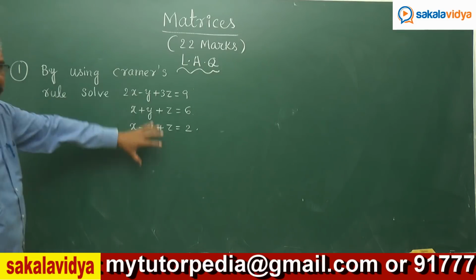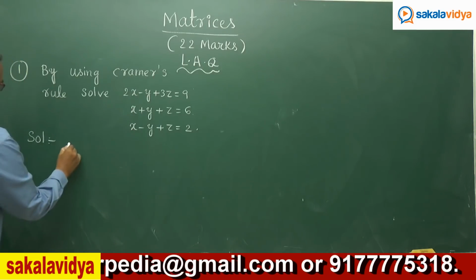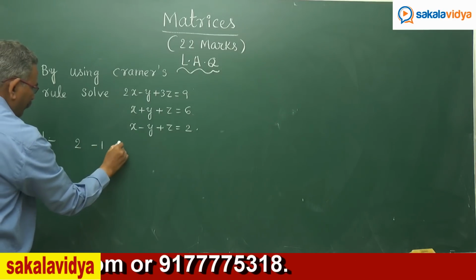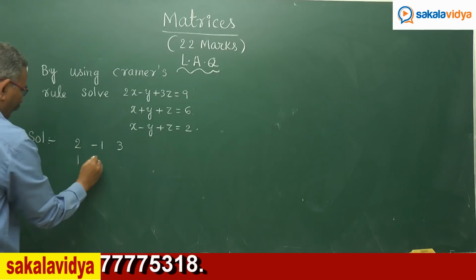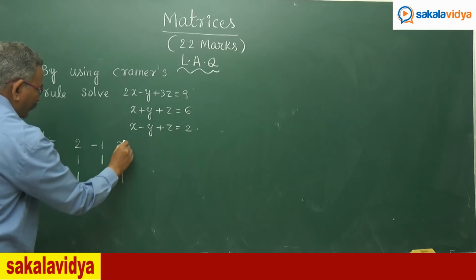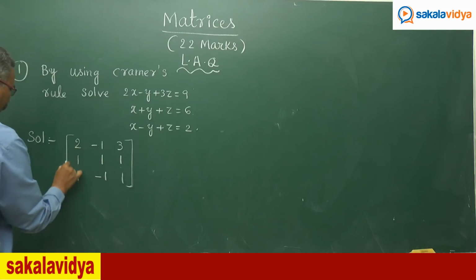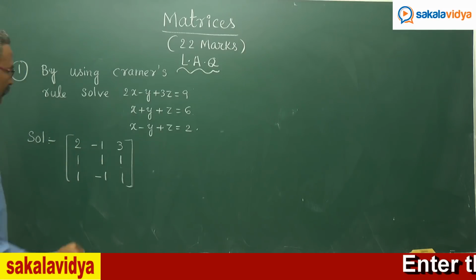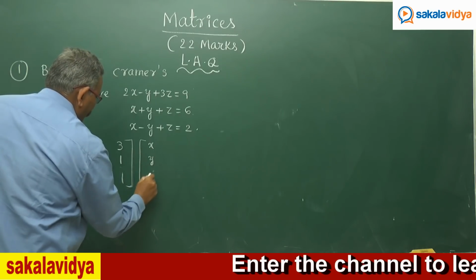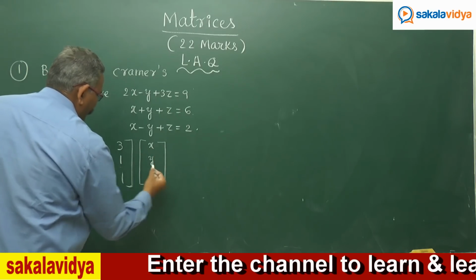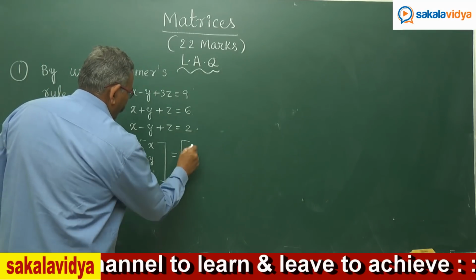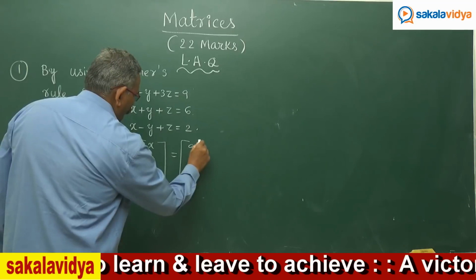So, this can be written like this: 2, minus 1, 3, 1, 1, 1, 1, minus 1, 1, this is a 3 by 3 matrix, multiplied by x, y, z, equals 9, 6, 2.